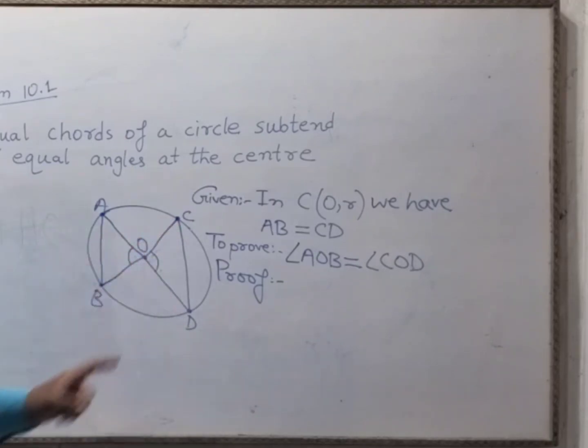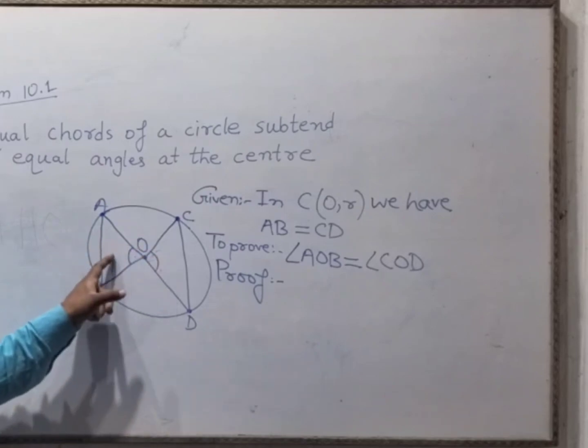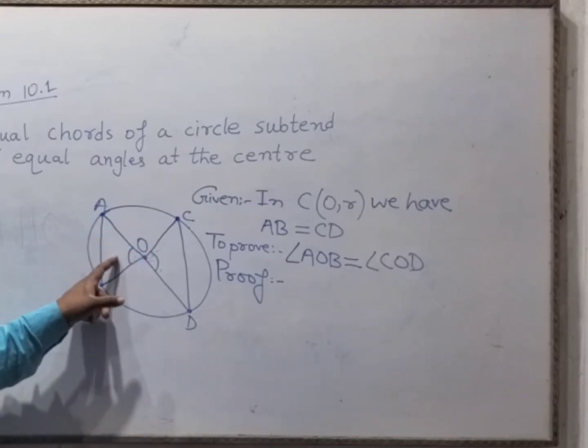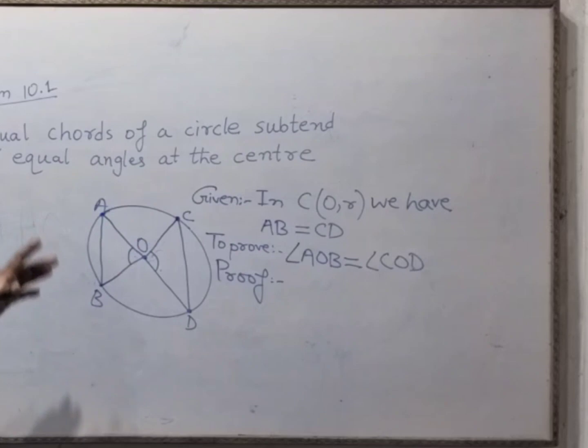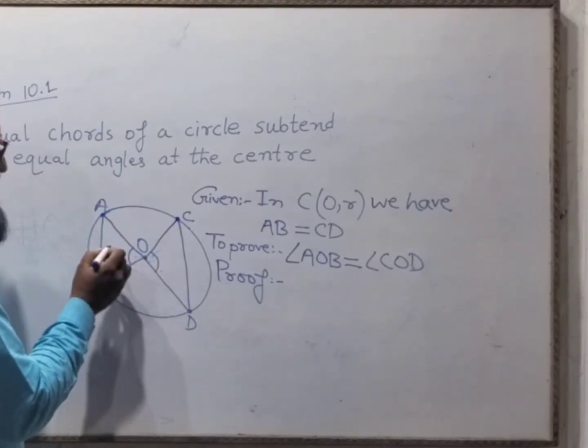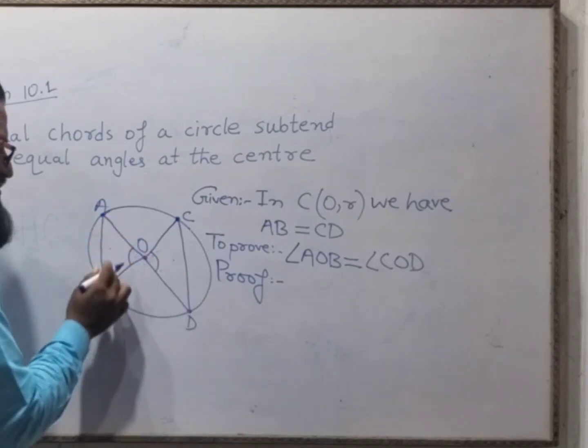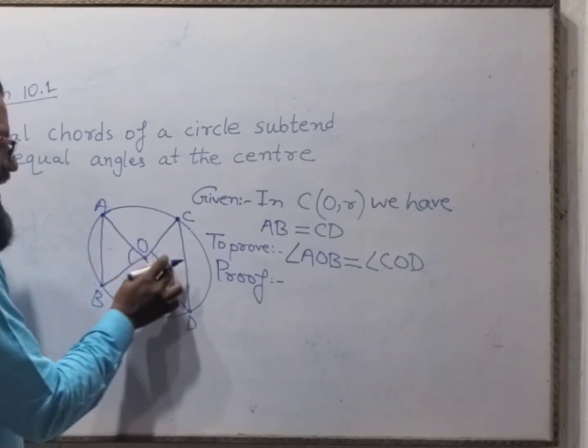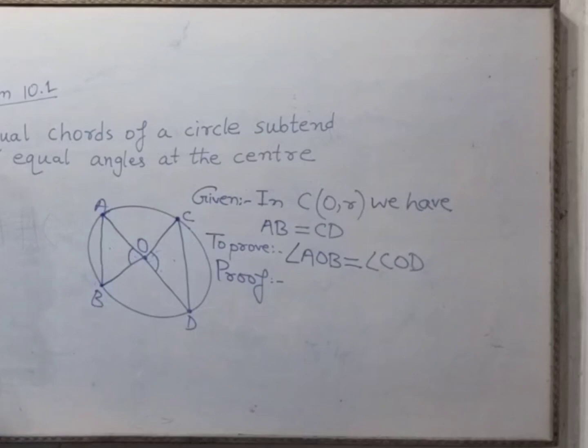In order to prove these angles are equal, we shall just prove that both these triangles are congruent. Congruence of triangles we have studied in chapter 7.